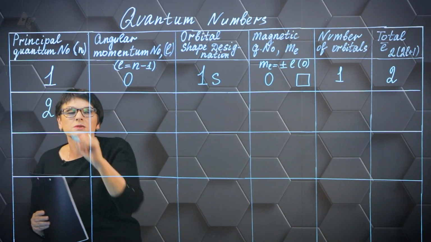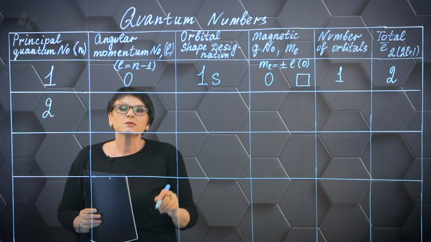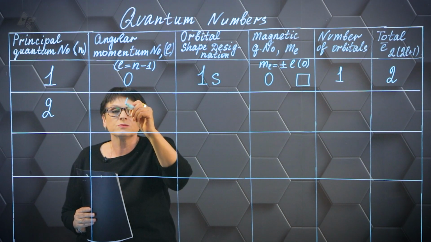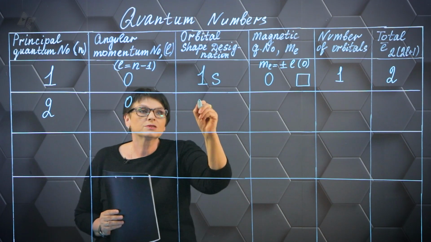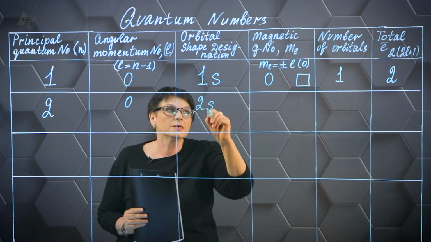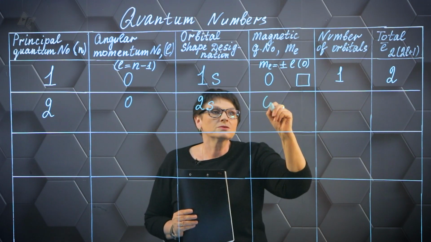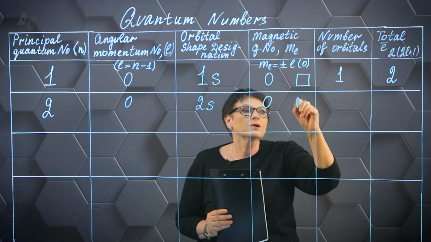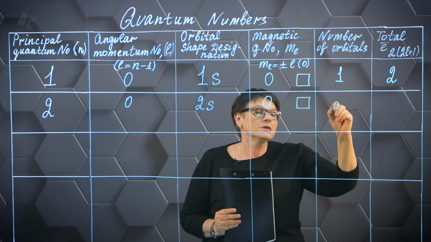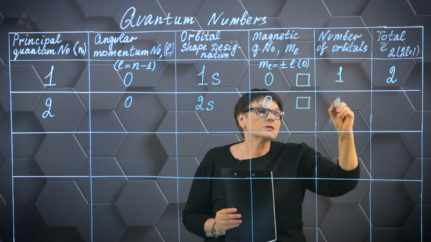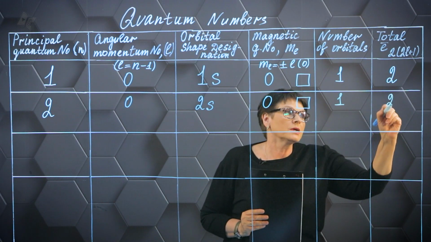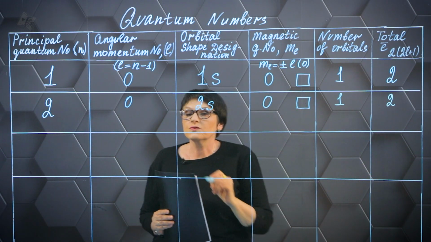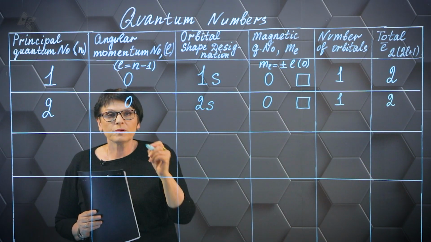Let's move on to the second energy level. Here, first of all, we repeat the orbital number 0, and this will correspond to 2s, with magnetic number 0, one quantum cell under the s electrons, and also one orbital and 2 electrons on this orbital. But the second level consists of 2 sublevels.